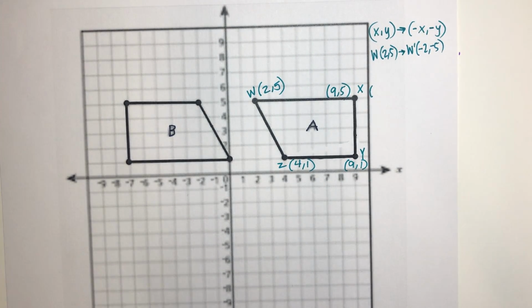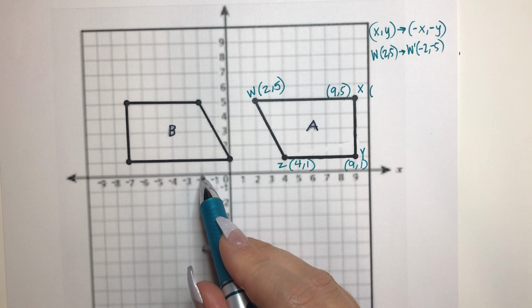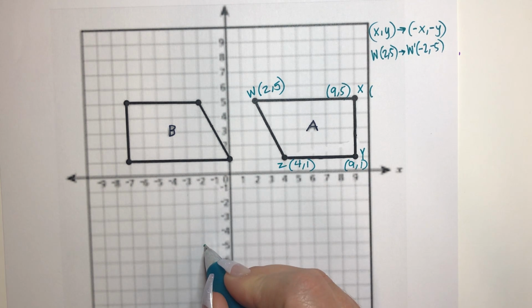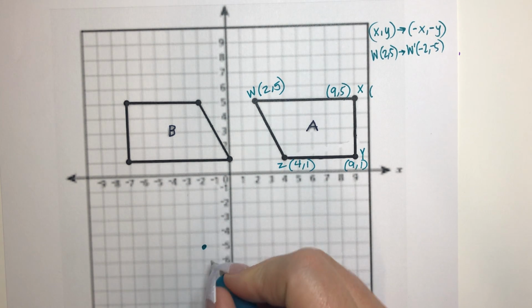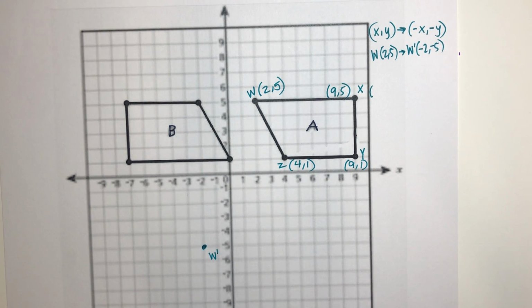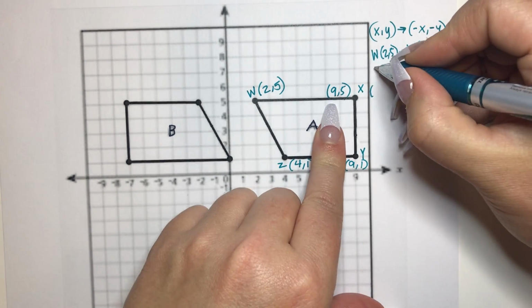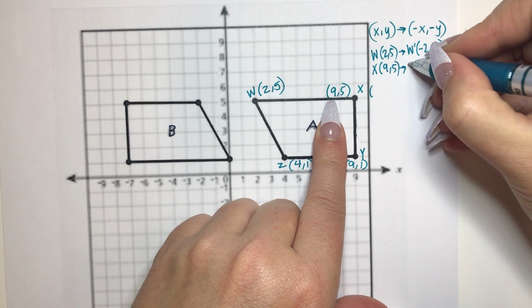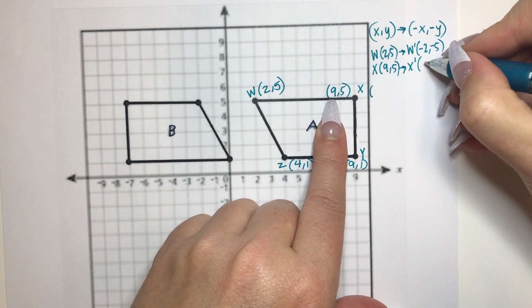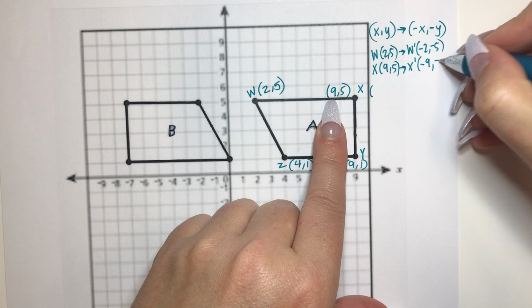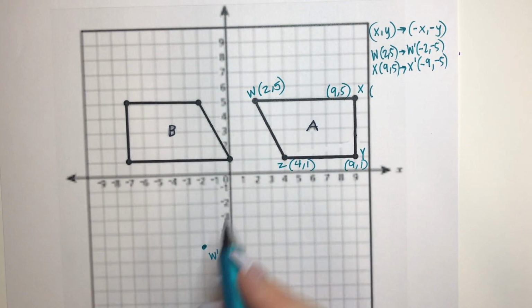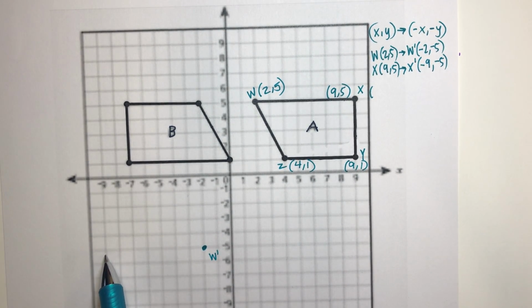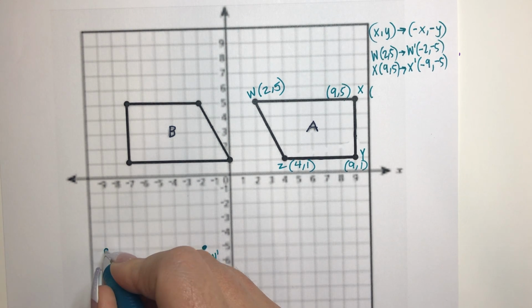Right? Okay, so I'm going to plot that. And (negative 2, negative 5) would be right here. And that would be W prime. Okay, let's go to X, (9, 5) going to X prime, which would be (negative 9, negative 5). So (negative 9, negative 5) would be right here.